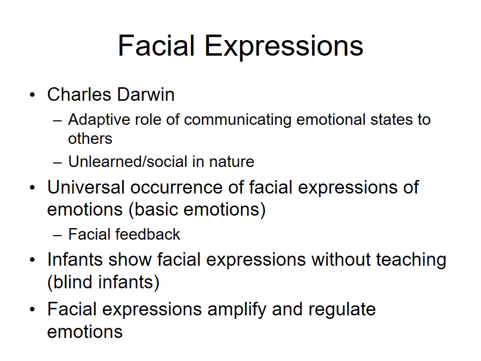Looking at infants who never had any chance to mirror the physical or facial expressions of their parents, they still show the same basic expressions: joy, disgust, anger, sadness. They show the same facial expressions, which allows us to assume that without visual experience, they have to be innate, they have to be inborn. And again, facial expressions can amplify and regulate emotions.